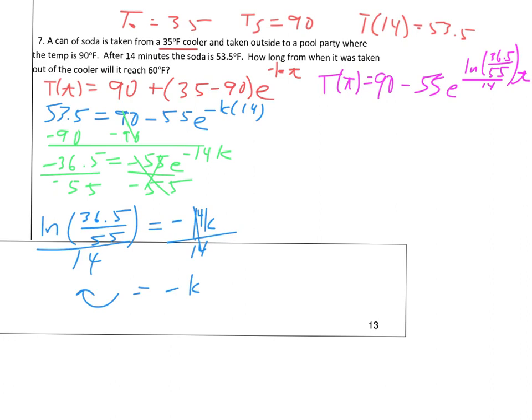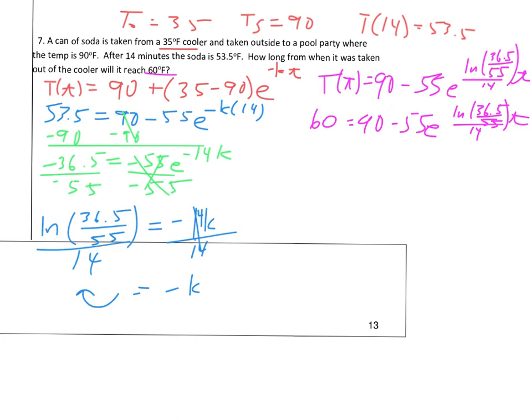So then remember again, even though that's a negative k in the formula, I did solve back here for a negative k, so that's why I'm putting it in there as that. Okay, so now it's asking me when will it reach 60 degrees, so I'm going to plug in a 60 for T. So we get 90 minus 55, e to the ln of 36.5 over 55 t over 14.